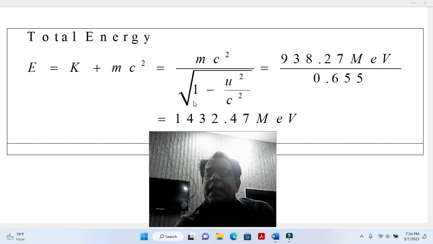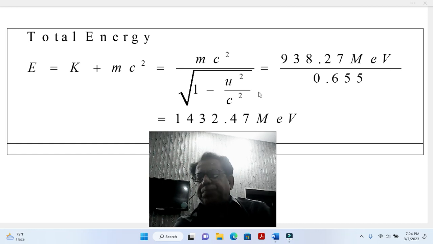Here once again we have put 0.655, which we calculated not in the previous step but the one before that. In the previous step we also used this value directly, but one step further back we had calculated it in detail.